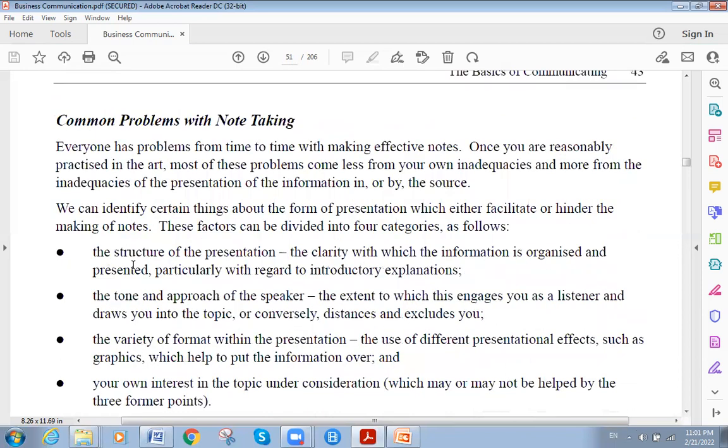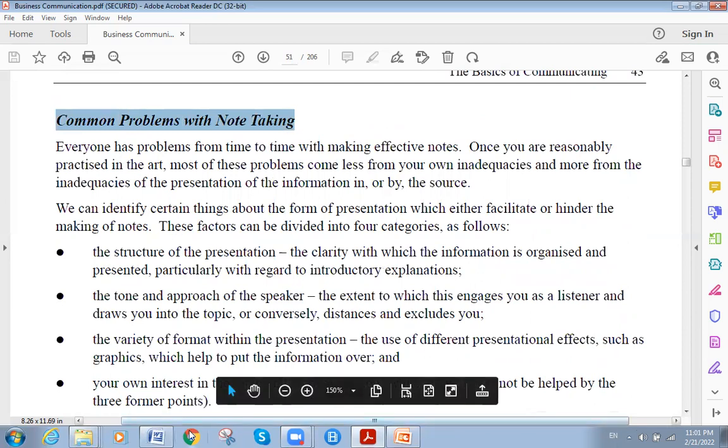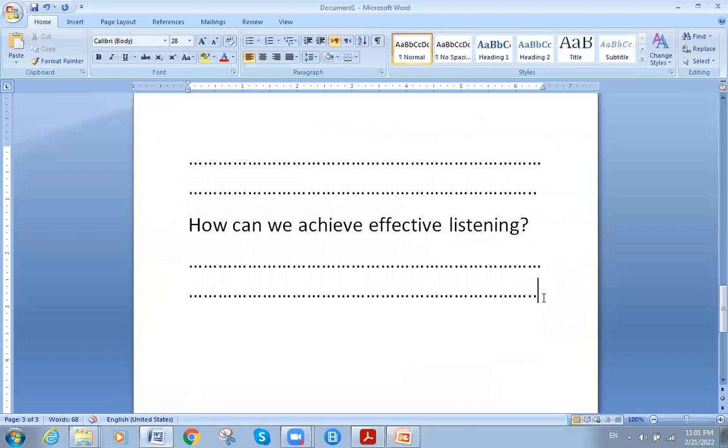Now we will move into another point, which is common problems with note taking. But before this, we want to ask: what are the types of note taking?